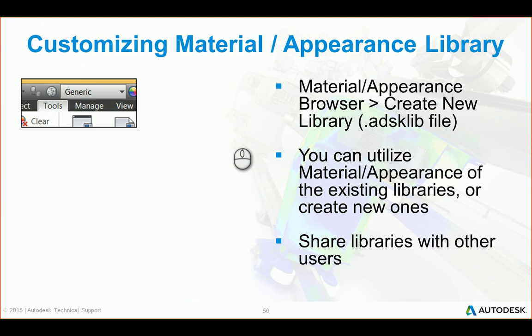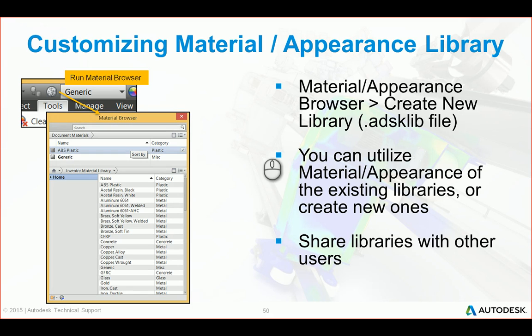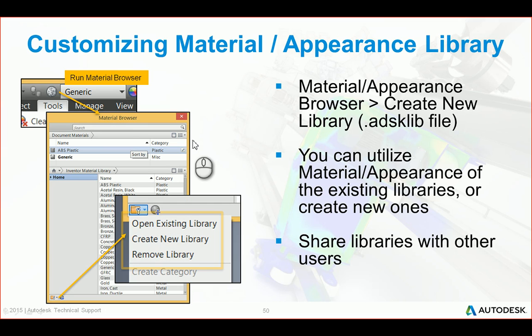Okay, so customizing. We can come in and create new libraries. Say we'll create a material library, we'd hit the little globe next to generic. It's usually generic by default, and you can tell it to open an existing library, create, or you can actually remove a library here too.